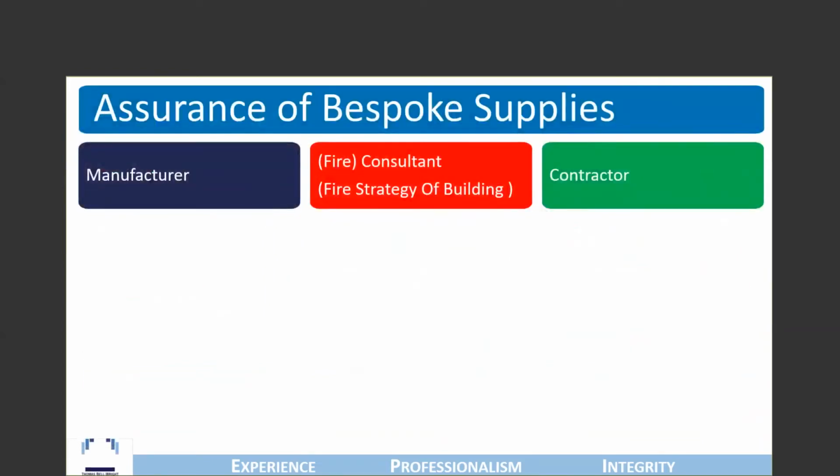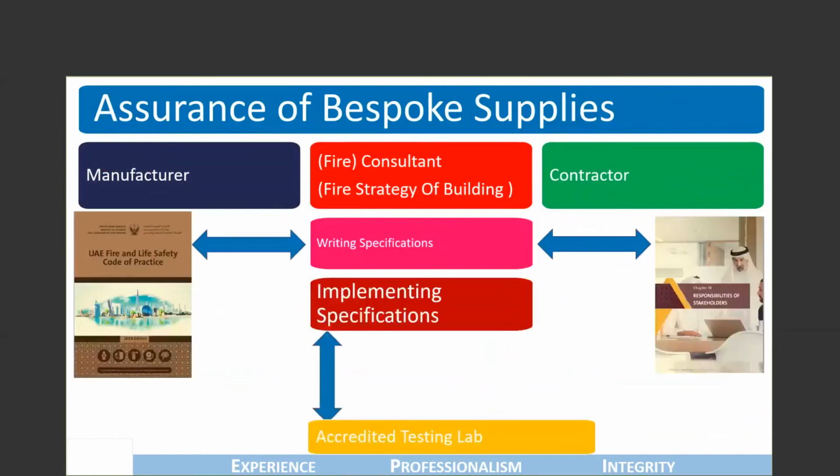Here is a rather complicated block diagram to explain the whole thing, where manufacturers, contractors, and consultants who write the fire strategy of a building are set as stakeholders, wherein typically, but not necessarily always, the consultant or the fire consultant would publish the specifications of performance and may even oversee the implementation of this.